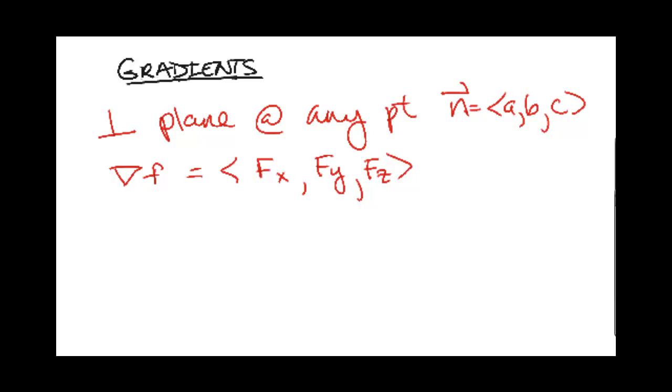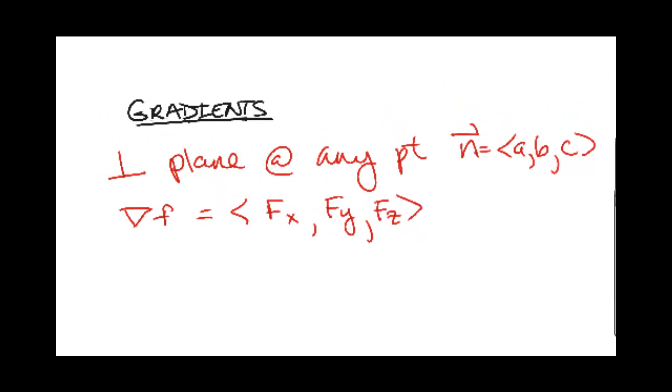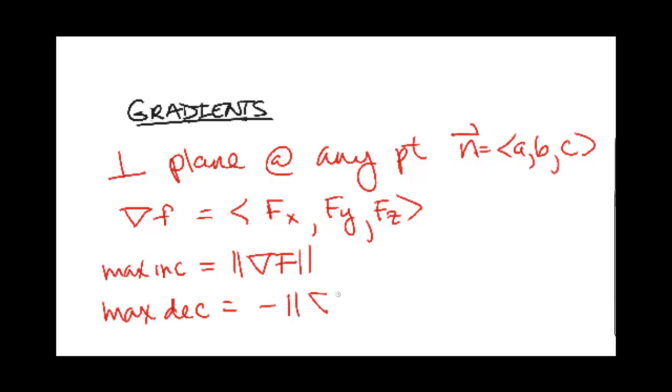Alright, a few other things we can get from gradient. We can get the max increase. That's going to be equal to the magnitude of the gradient. And then we can get the max decrease, which is negative magnitude of gradient.